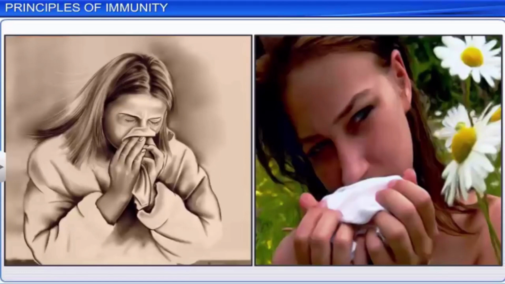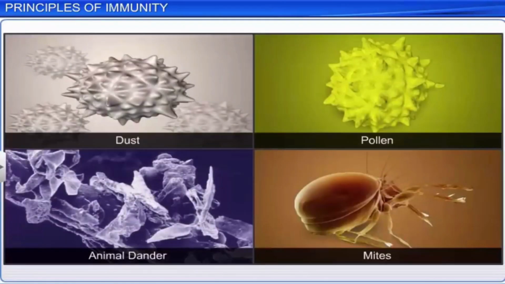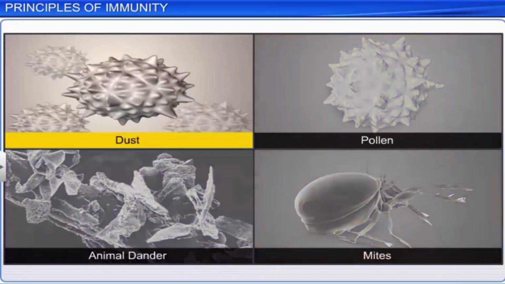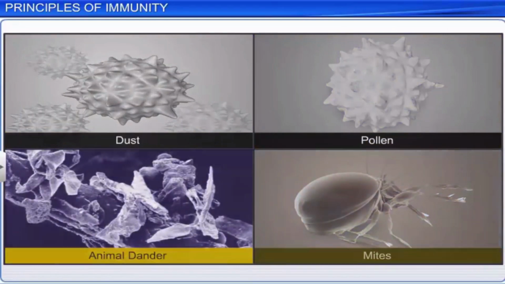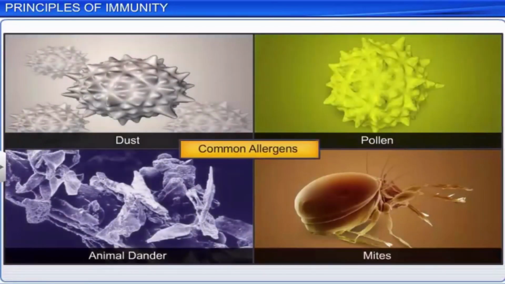This exaggerated immune response to certain antigens in the environment is called an allergy, whereas the substances to which such an immune response is produced are called allergens. Dust, pollen, animal dander, and mites are some common allergens.